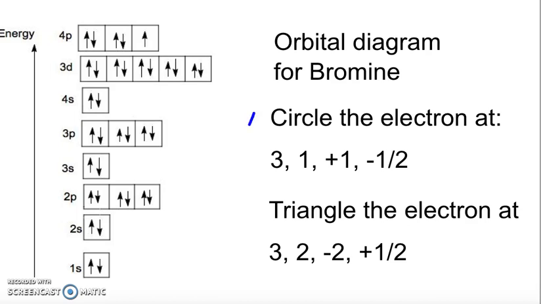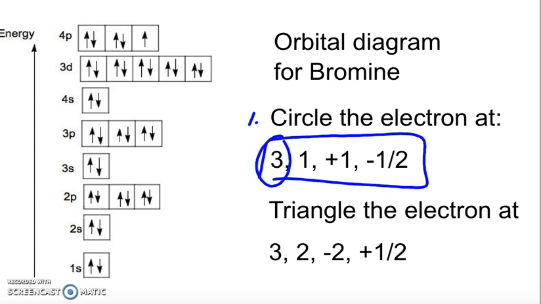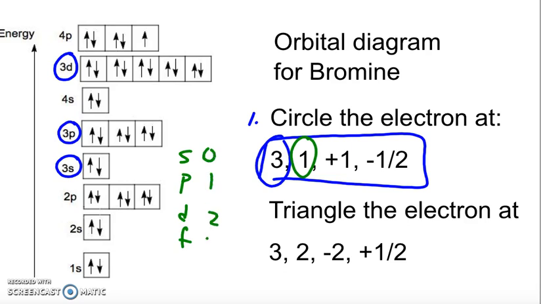Your first task is to circle the electron that can be found at 3, 1, +1, -1/2. Looking at this 4-digit code, the first number means the electron is in the 3rd principal energy level, so anything in the 3s, 3p, or 3d. The second digit of 1 refers to the sublevel. Remember, s is 0, p is 1, d is 2, and f is 3. So we are looking for this electron in the 3p.